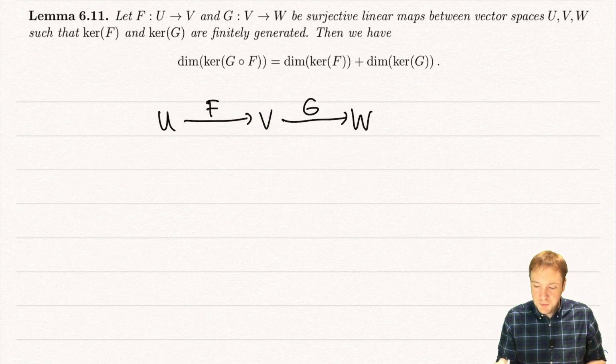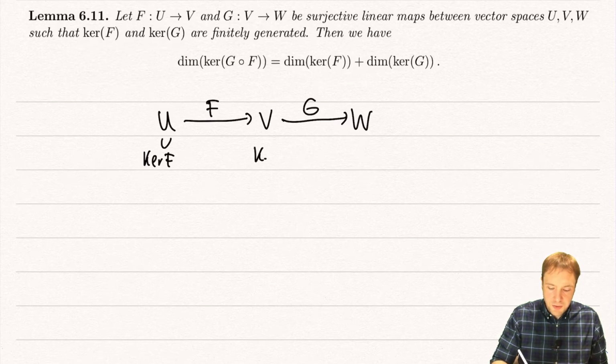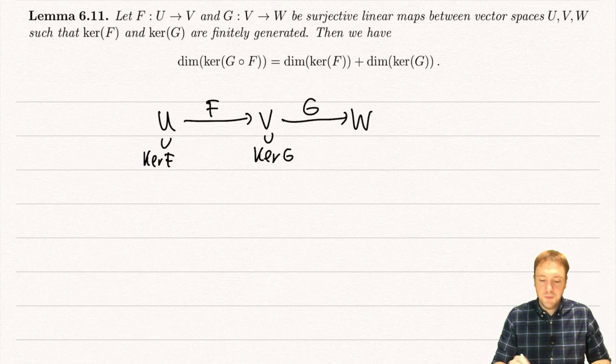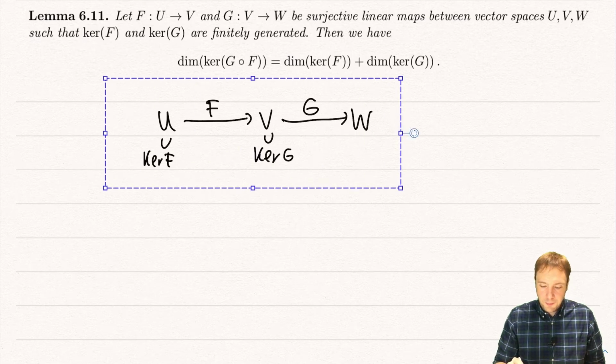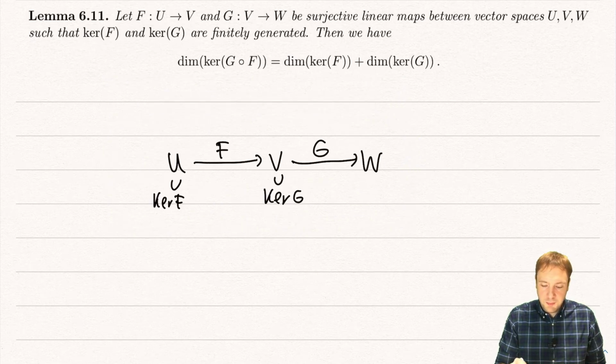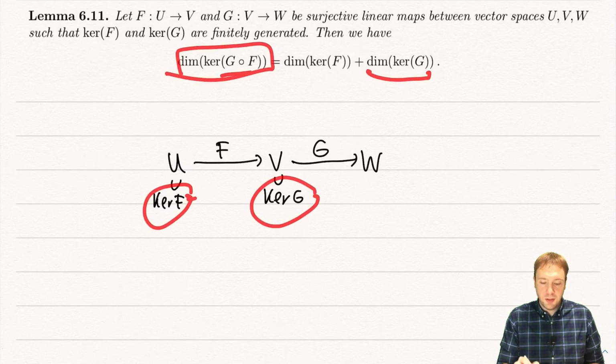And the statement of the theorem is that if the kernels of these linear maps, so the kernel of f lives in here and the kernel of g lives in here, are finitely generated, then the dimension of the kernel of f plus the dimension of the kernel of g equals the dimension of the kernel of the concatenation of these maps.